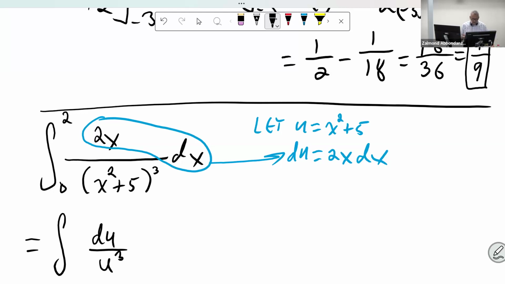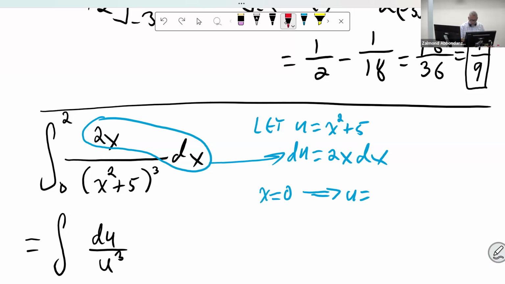But now we have our choice, because this is a definite integral. We have our choice whether to take the integral, find the antiderivative, and then plug back in our x values, or do we want to change the bounds of integration? Any preference? Change the bounds. Okay. All right. So when x equals 0, we want to know what u is going to be equal to. To determine this, we're going to look at our substitution.